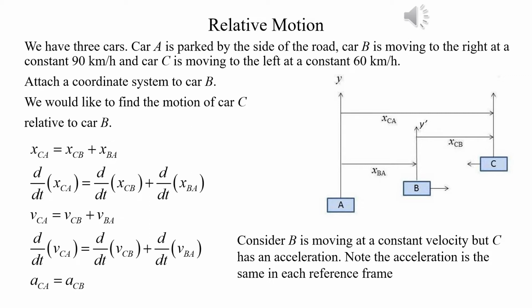So if the reference frame attached to B is moving at a constant velocity with respect to the stationary reference frame A, both reference frames measure the same acceleration for car C. So even though A is stationary on the ground and B is moving at a constant velocity, someone in car A would measure the same acceleration of C as someone in car B would measure for car C. So both A and B measure the same acceleration for car C. So this is an important consideration.